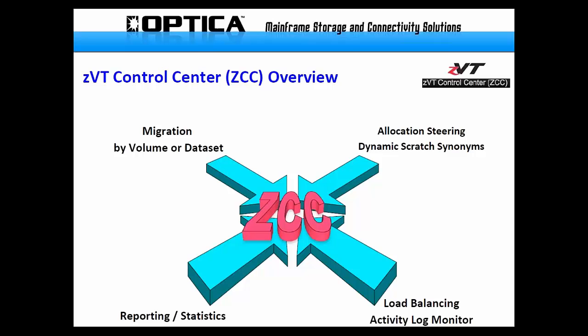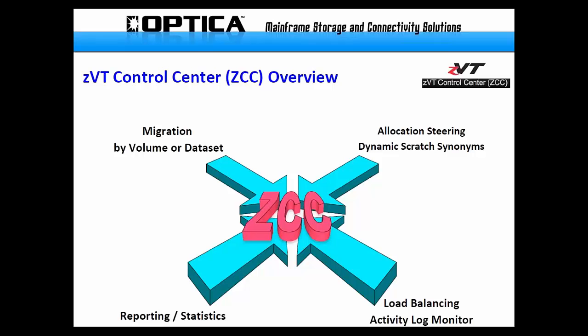There are a number of other components to the system. The other primary one, besides migration, that's also of interest is what we call allocation steering. If you have a bunch of tape drives, a bunch of tape units in the system, particularly during migration periods, but also if you have multiple different types of tape units in the system, which you'll certainly have during migration, you don't want to have to modify the JCL to direct tape allocations to one unit or another.